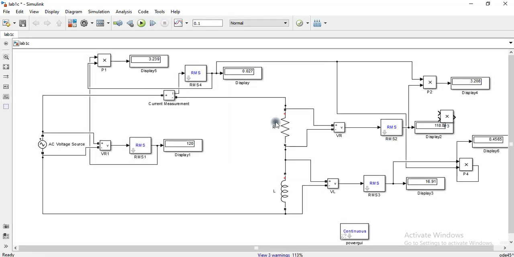Run it again. Let's delete it first. When our value of inductance was very small, the power absorbed by the resistance was 3.4 watts. But now as we have increased the value of inductance, the power absorbed by the resistance is 3.208 and the power absorbed by the inductance is 0.4665.